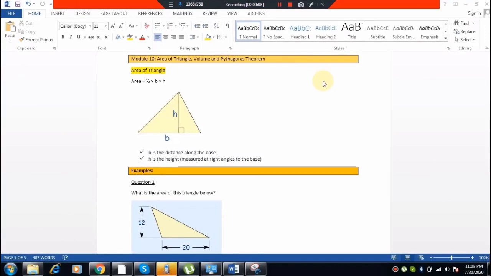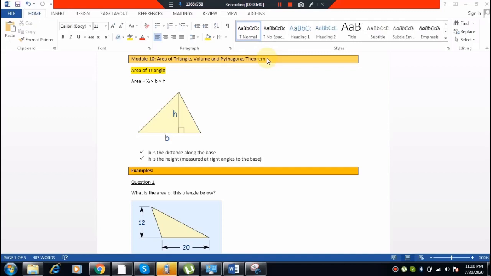In this video we are going to be looking at three concepts that are covered in your textbook: area of a triangle, volume, and Pythagoras theorem. These are basically simple topics. You can tell by the examples provided in the textbook.